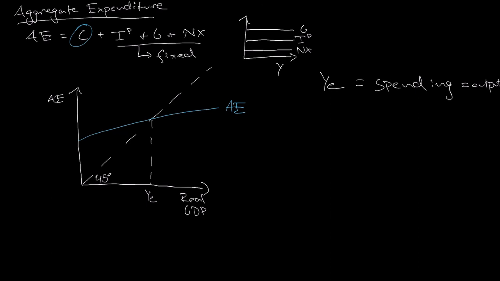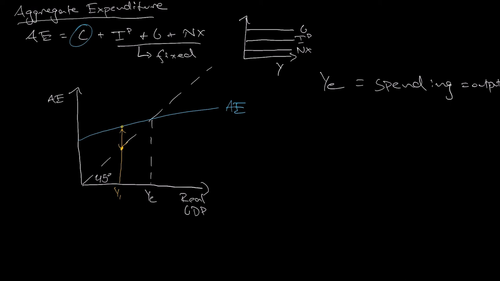So what happens when income is actually lower than the equilibrium level? Well, let's say that we're here at the income of Y1, and at this level, aggregate demand as measured by expenditure is actually higher than what total output is, which is where the 45-degree line would be. So this difference here between actual expenditure and output can be seen as really an excess of demand.